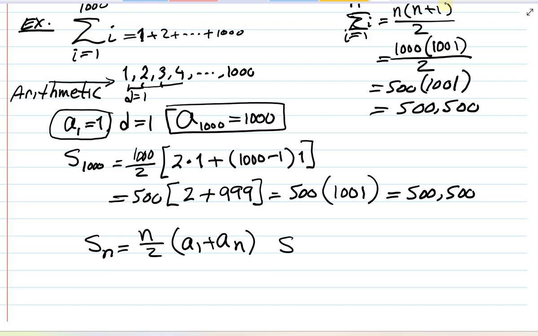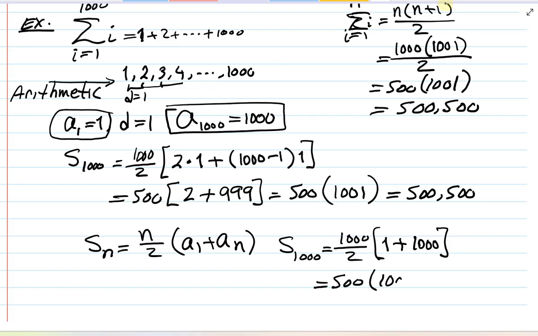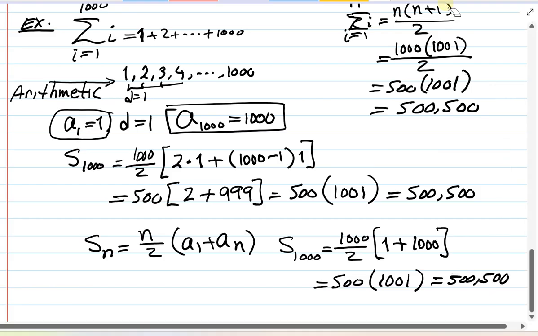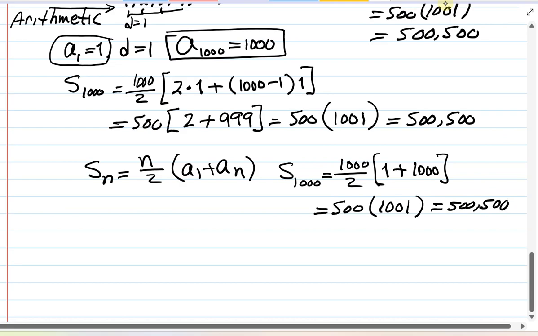So S sub 1000 is going to be 1000 over 2, times the first term 1 plus the 1000th term 1000. That gives me 500 times 1001, exactly the same as before. The answer, of course, will not be any different. It's how we're doing it that's different. And there you go. So this formula works as well.